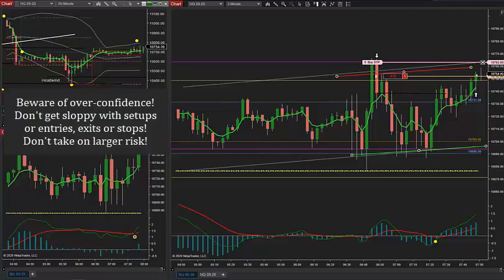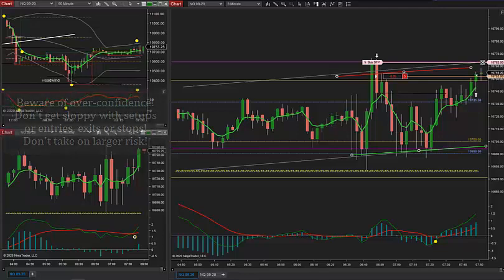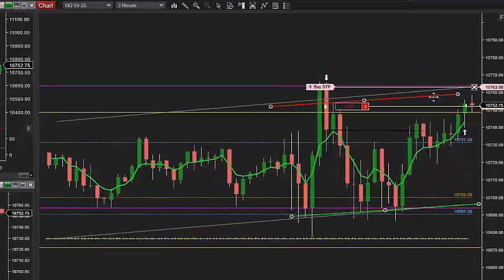So as traders become more confident, they get more sloppy with their entries, their exits, more sloppy with their setups, less patient, and ironically, they often tend to have their biggest losses after their biggest gains. So that's a trap you don't want to fall into.